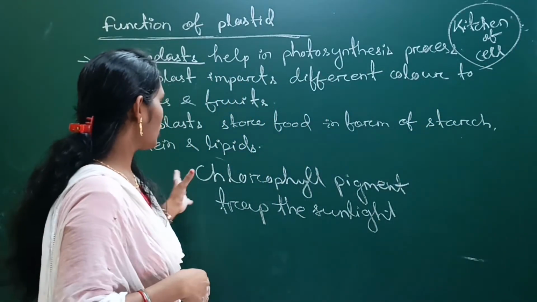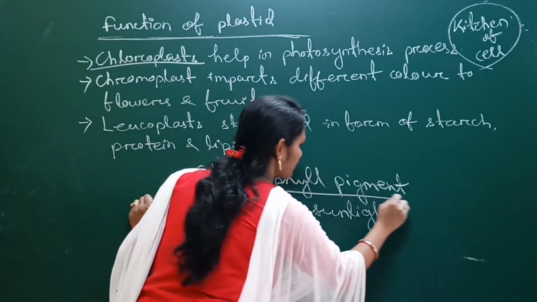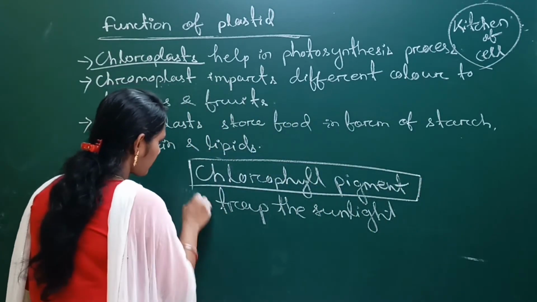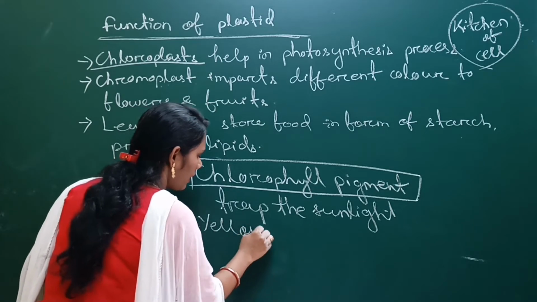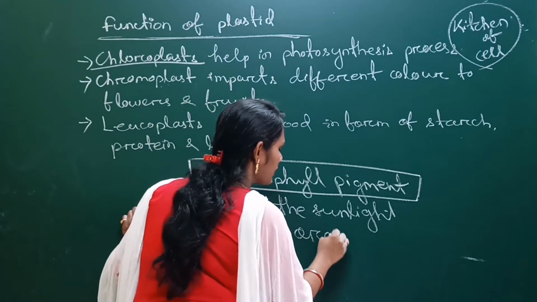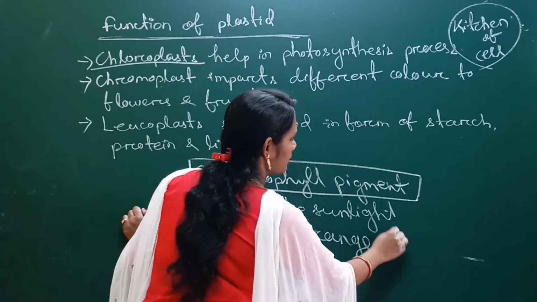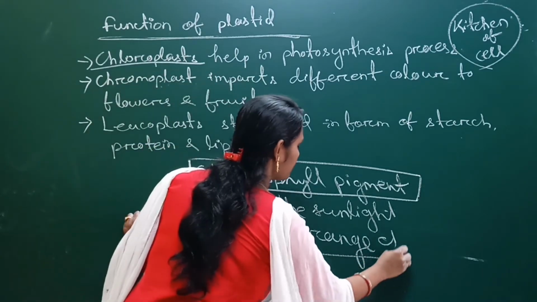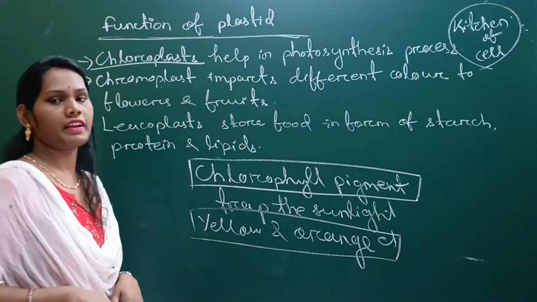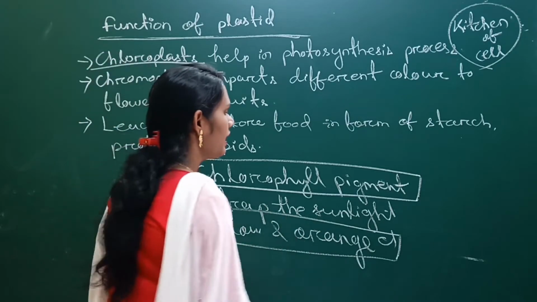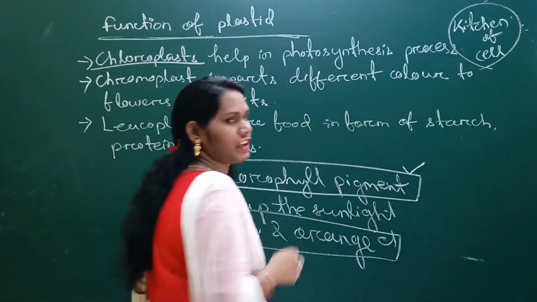Okay, but chloroplast contains chlorophyll pigment, and yellow color pigment and orange color pigment are also present in the chloroplast. But these pigments are masked or covered by large quantities of chlorophyll pigment.